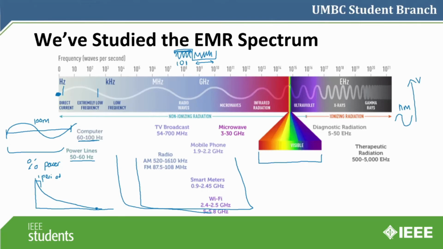And the visible spectrum, and specifically lasers, have very narrow beams. So when you transmit from an antenna, you are going to transmit out, and your power not only goes down over distance, but it also distributes over area. So if you're starting with, say, 100% power at one point, here that 100% has decayed a little bit by traveling this distance, and it's now spread out over this whole area.